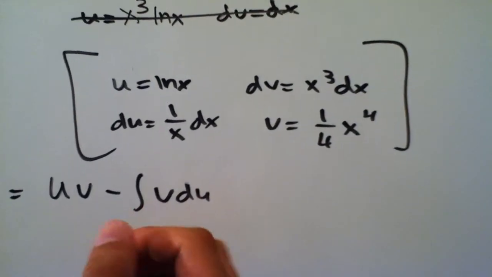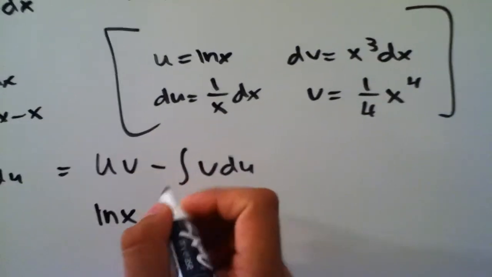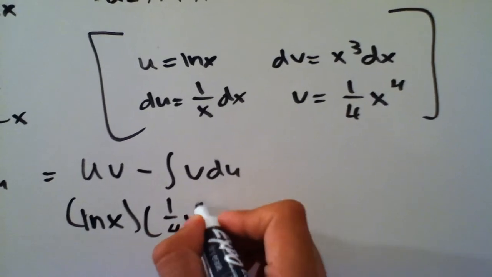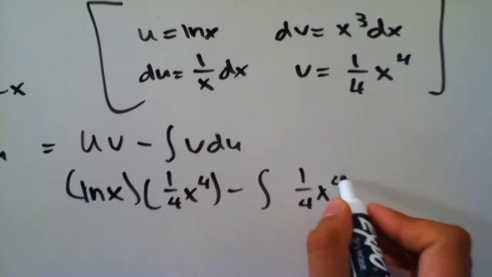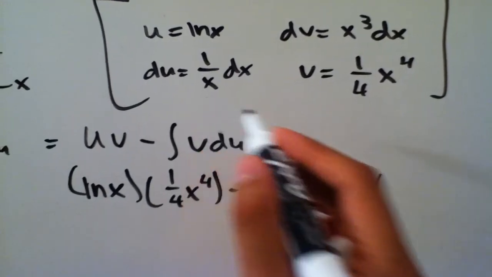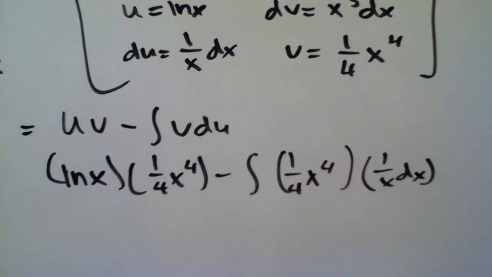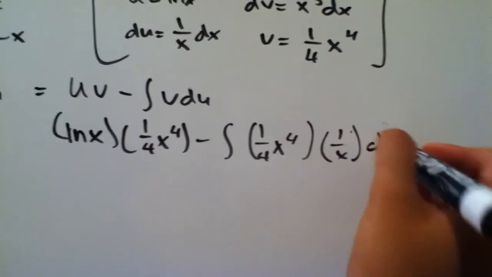So u here is ln x, v is 1/4 x to the 4th, minus the integral of 1/4 x to the 4th times du, which is 1/x dx. So let's try it like that.